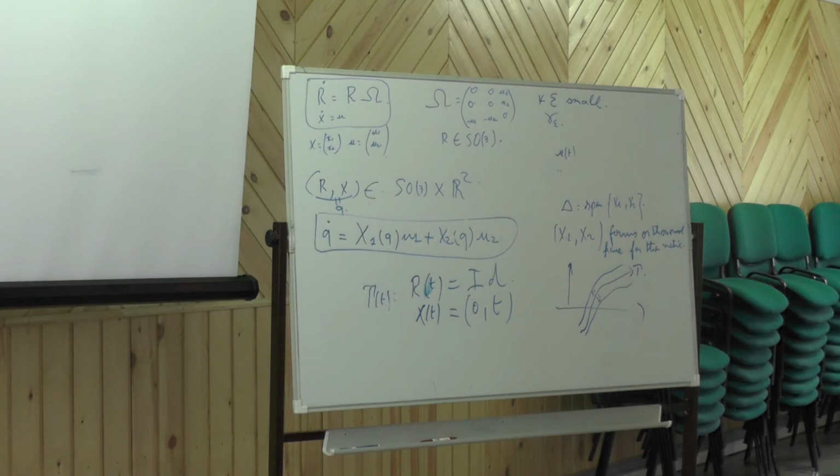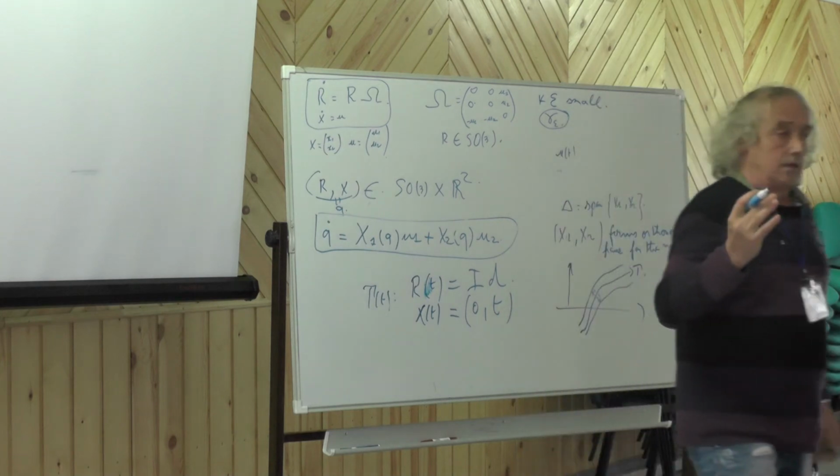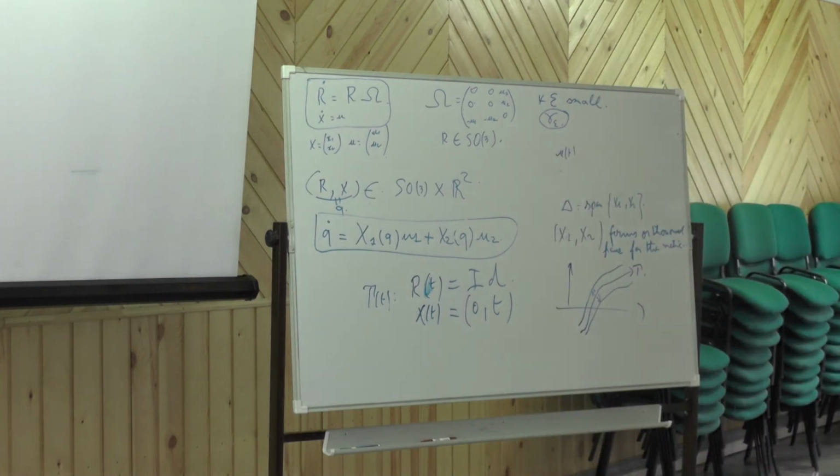That is, a constructive solution is just exhibiting a one-parameter family of admissible curves, in such a way that for all epsilon, you remain in the tube of radius epsilon around gamma.